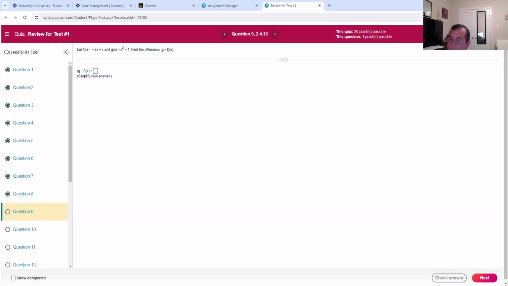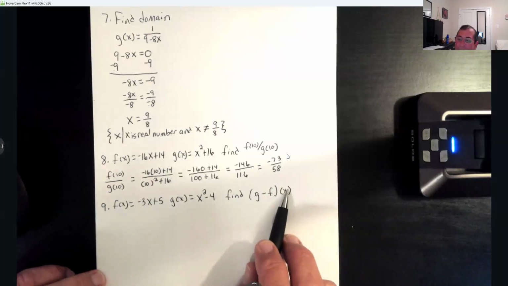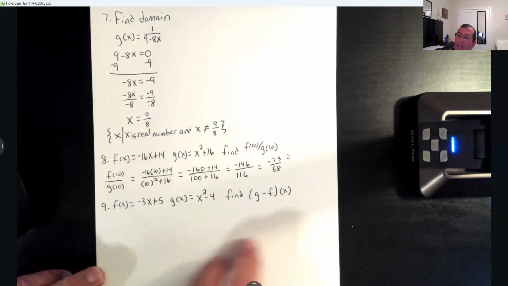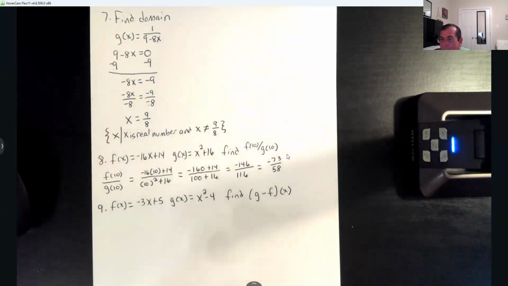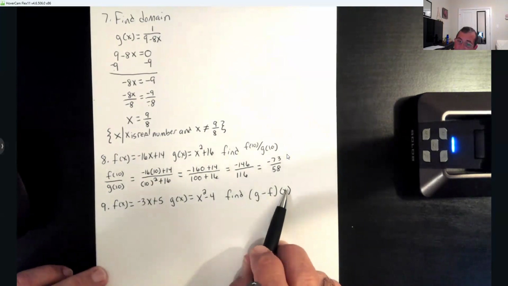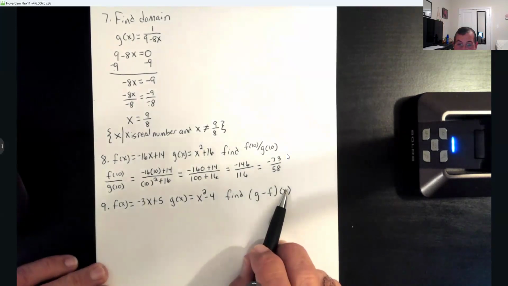So if you notice, they didn't give me a number this time for the x. So basically, when they don't give you a number here for the x, all you can basically do to this stuff is sort of simplify it. You're not going to get a single answer out of this, okay? And since they didn't give me a number, you really can't use that calculator.